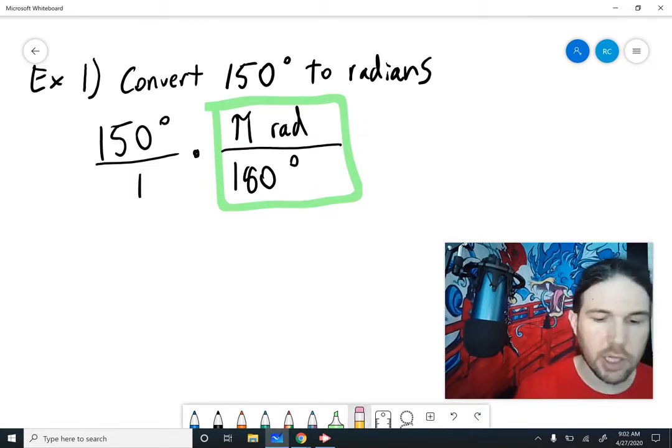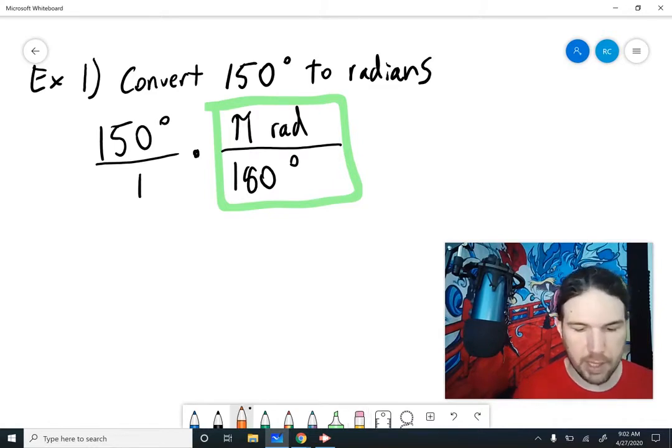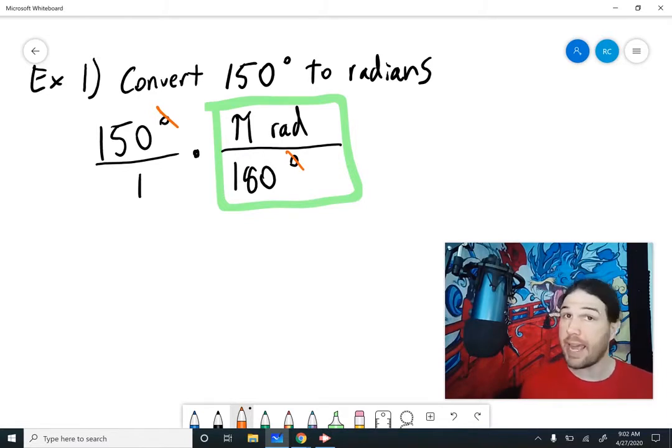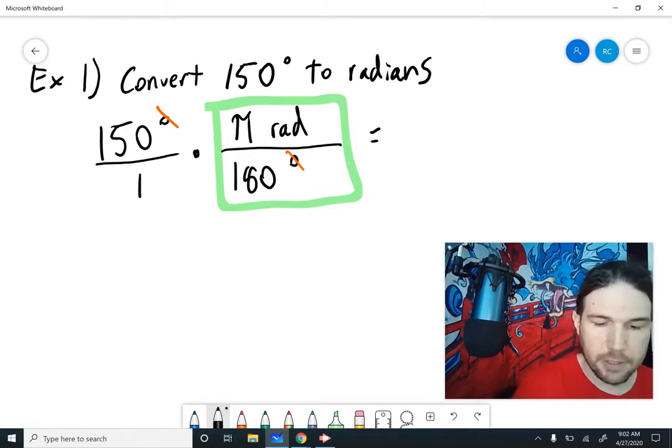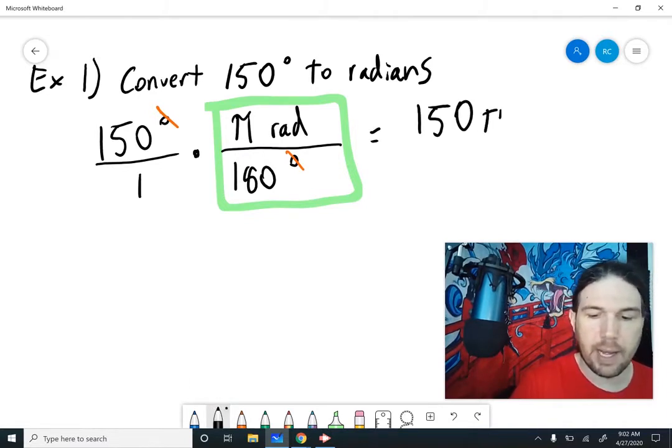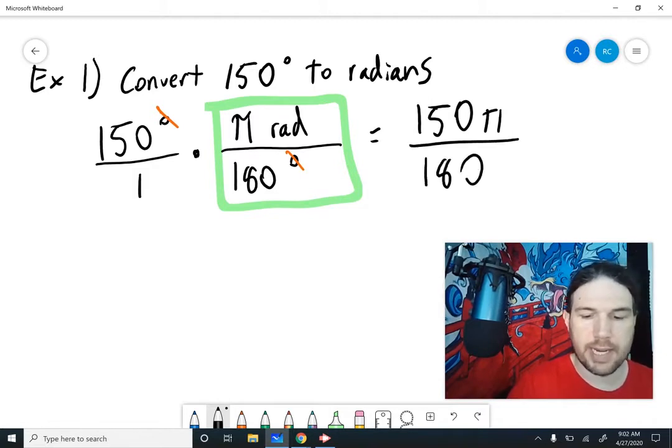Now, I put the radians on top and the degrees on the bottom because now I've got degrees on top, degrees on the bottom, so the degrees cancel, and I'm left with 150 pi divided by 180.